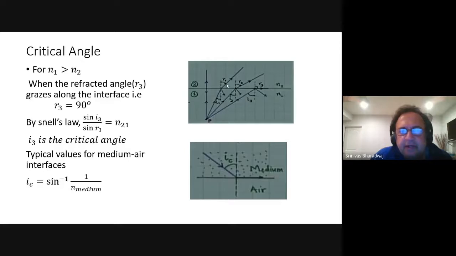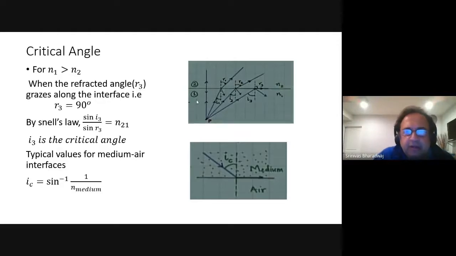Okay. So typically, when you have, in this case, notice this case is a little different. N1 is greater than N2, right? N1 is greater than N2. That means this is glass and this is air, unlike what I said before, right? So when you go from a medium to air, that's when you have this sine I by sine R, right?